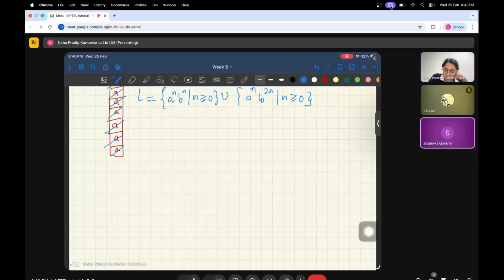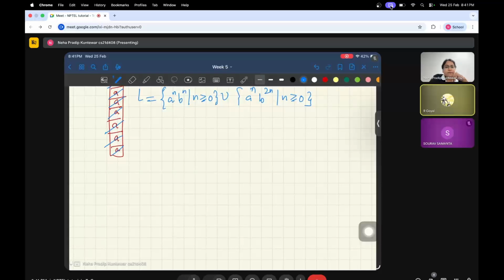So I require a PDA. How can we construct the PDA? If we have a PDA for L1 and a PDA for L2, because when we show the union of the CFLs, we show it at the level of grammar, not at the level of machine.